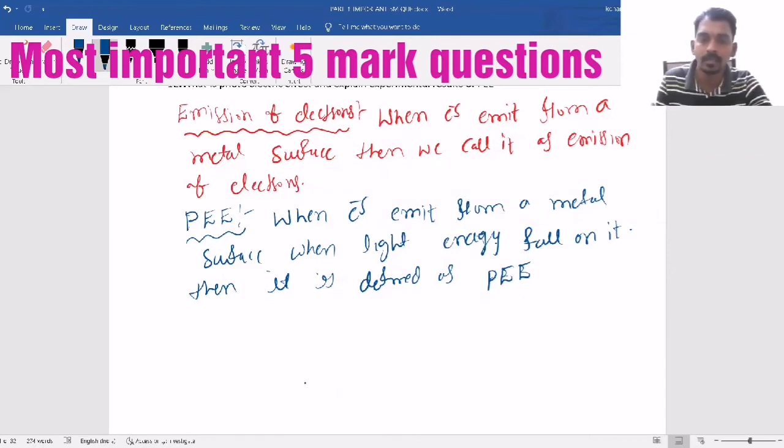So emission of electrons with the help of the required energy in the form of light energy, we call it the photoelectric effect.